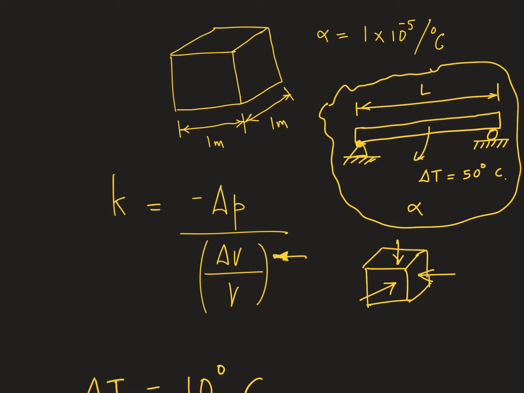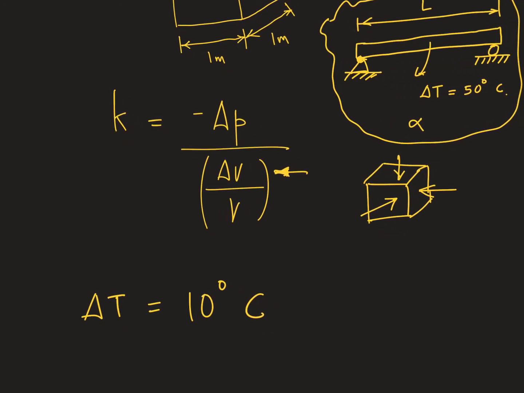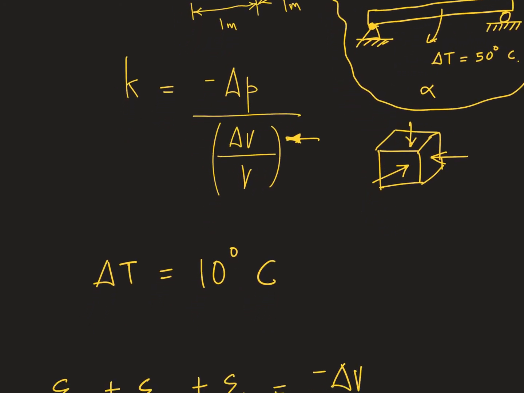So think of a scenario when you didn't have any constraints and it was allowed to expand, it was allowed to move in all directions, in whatever way it wants to move. Then if you increase the temperature by 10 degree centigrade, what would have been the delta V?